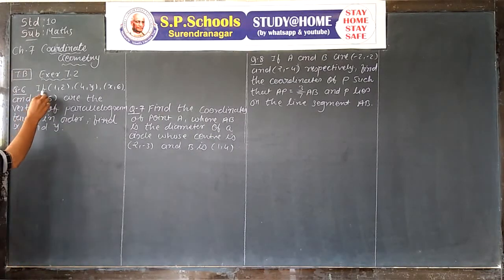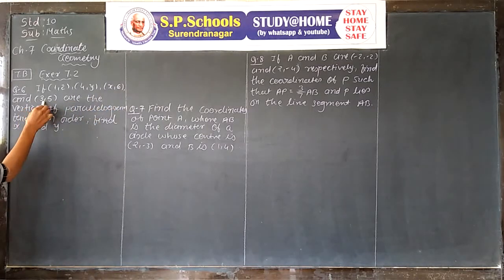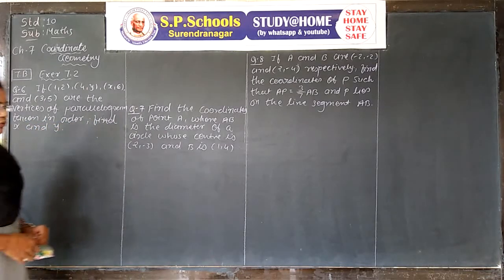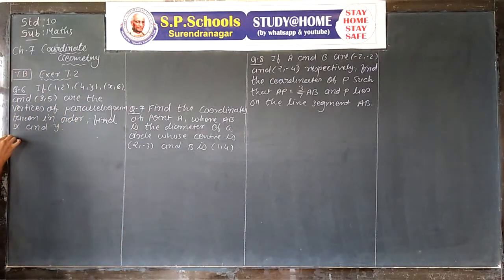See the question first. If (1, 2), (4, y), (x, 6) and (3, 5) are the vertices of a parallelogram taken in order, find x and y. Here the 4 vertices are given. They are the vertices of a parallelogram.